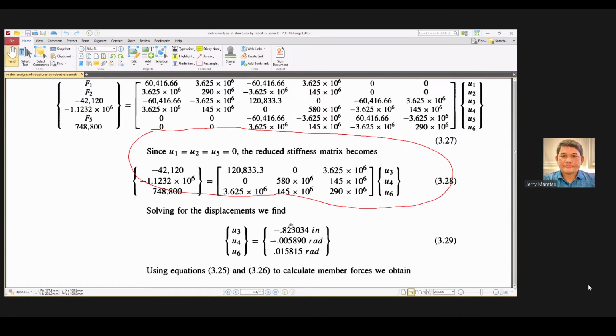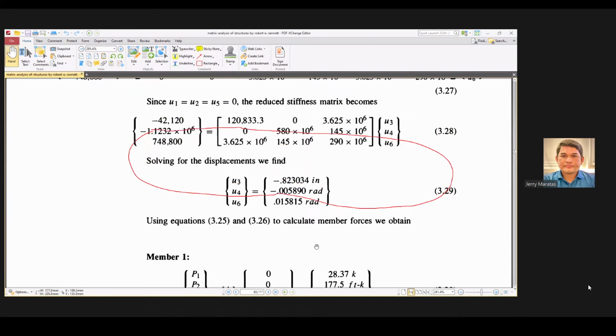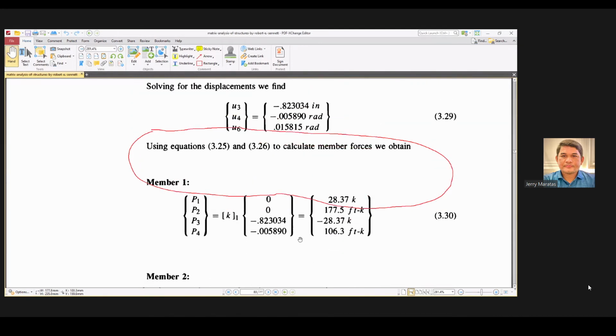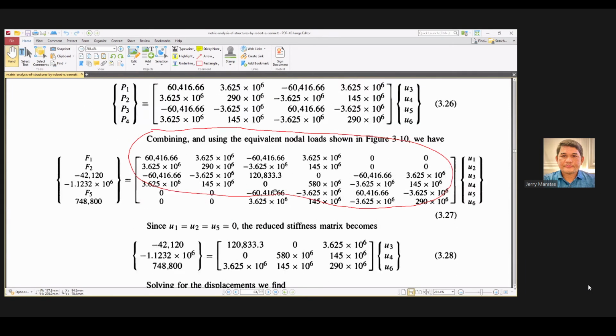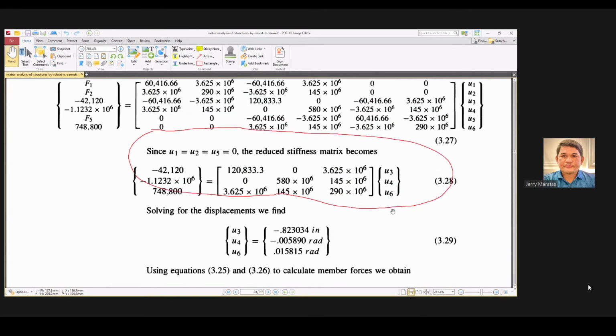So in terms of radians yan. U4 and U6 translations are in inches, and the rotations are in radians. Then once you have this, pwede na masolve ang mga reactions by simply substituting the solved values of the displacements.